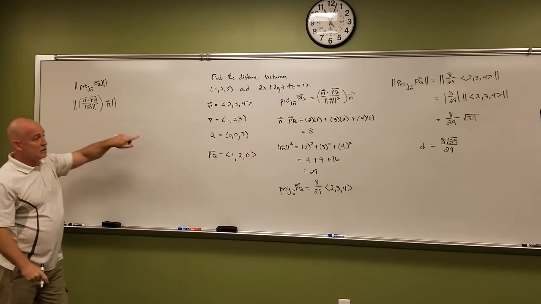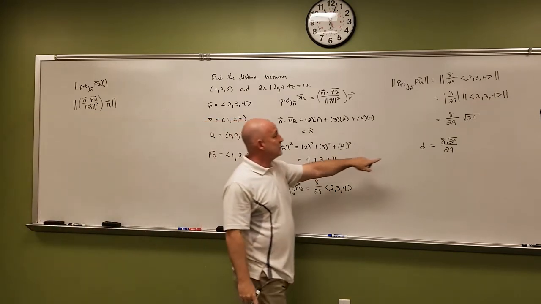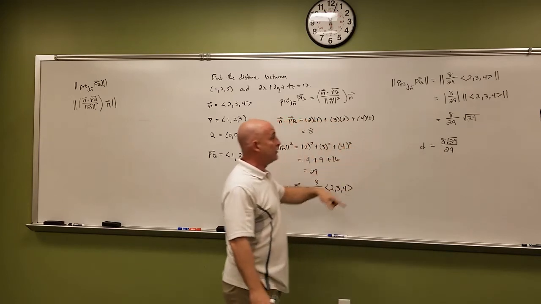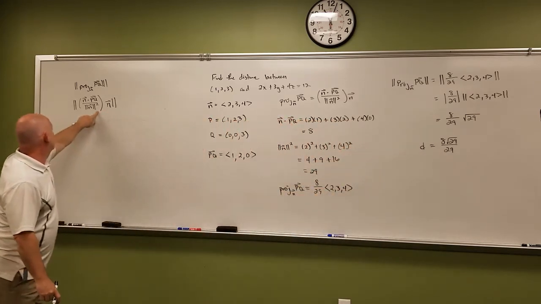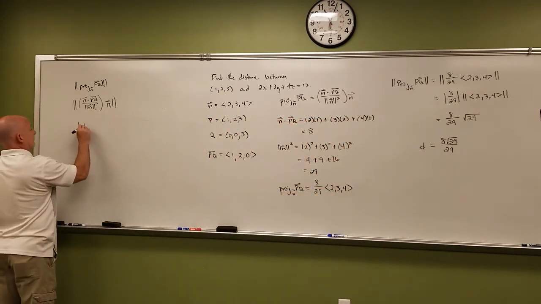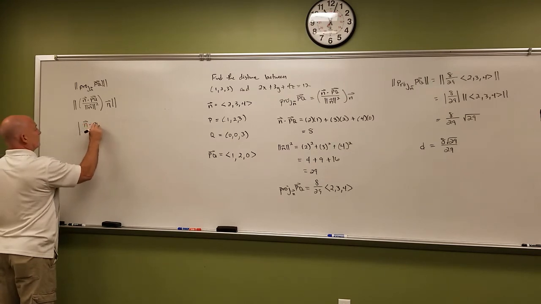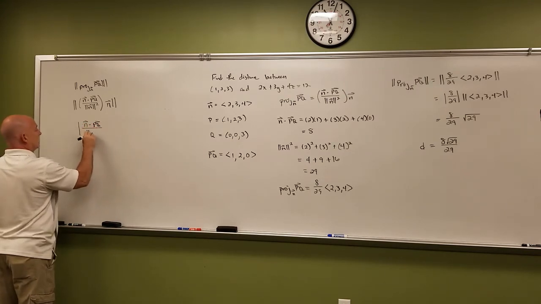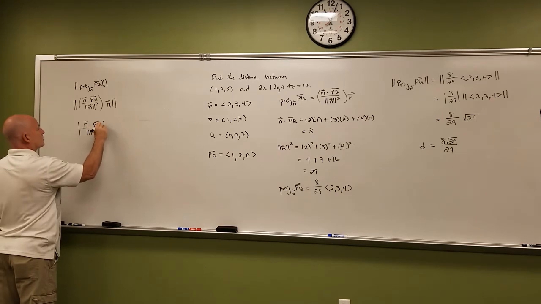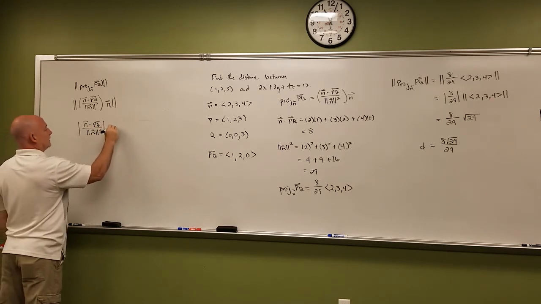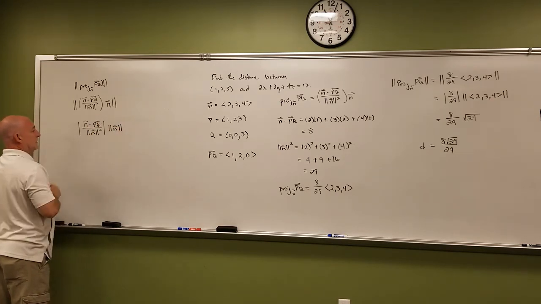Now, just like I used this over here, we're able to pull constants out front inside an absolute value. I can pull all of this mess inside an absolute value. So it's N dot PQ all over the magnitude of N squared times the magnitude of N, right? You still got to take the magnitude of that vector.